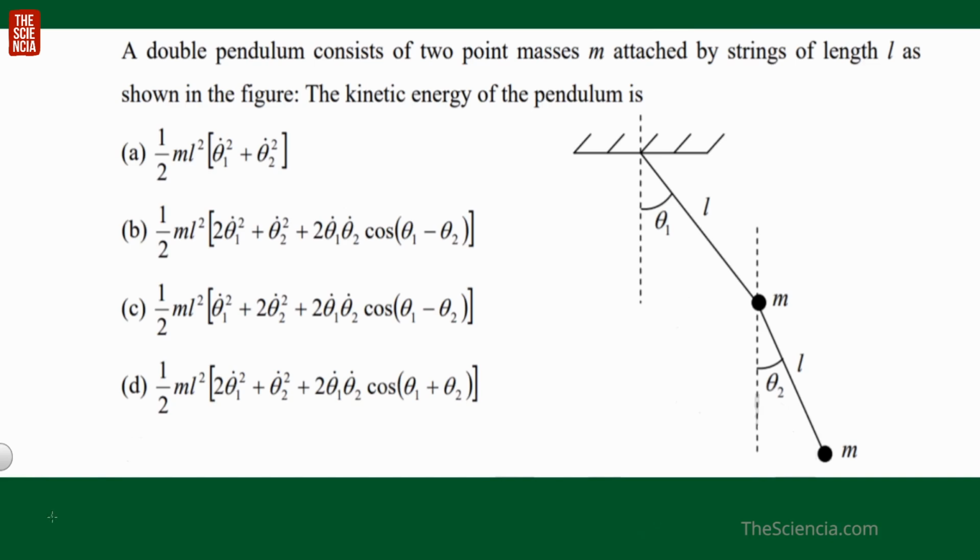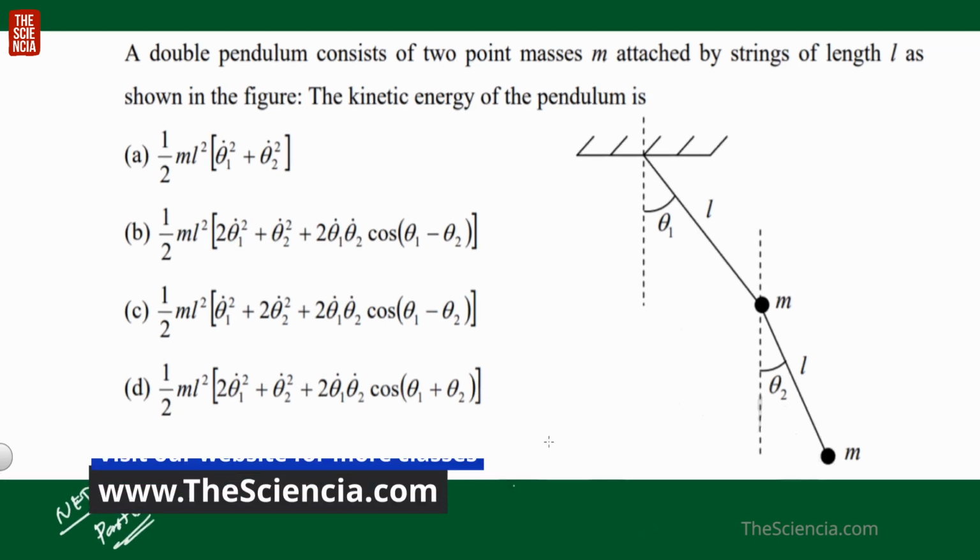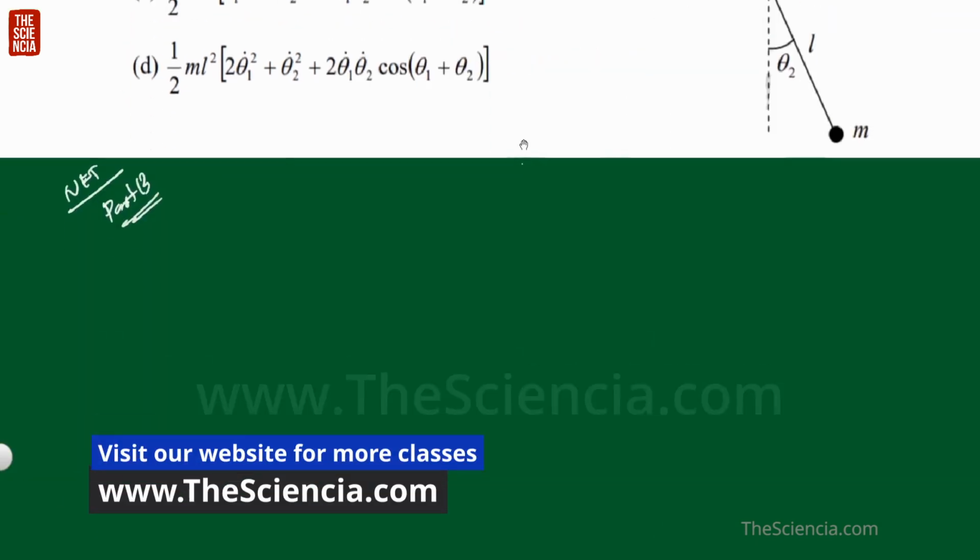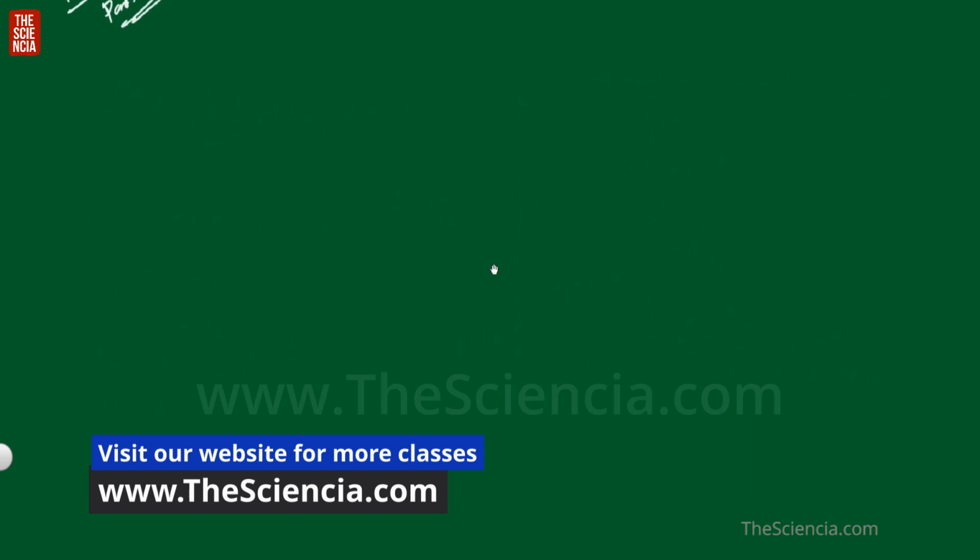This one is a previous NET problem. It is a part B problem. The question is to find the kinetic energy of the pendulum. It is a double pendulum and I am going to redraw this diagram. There is a support and a pendulum of length L is suspended, with mass m.